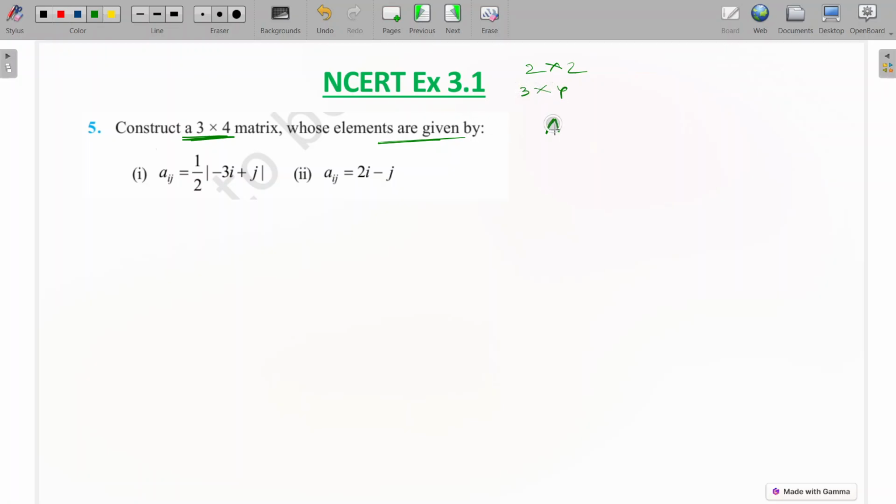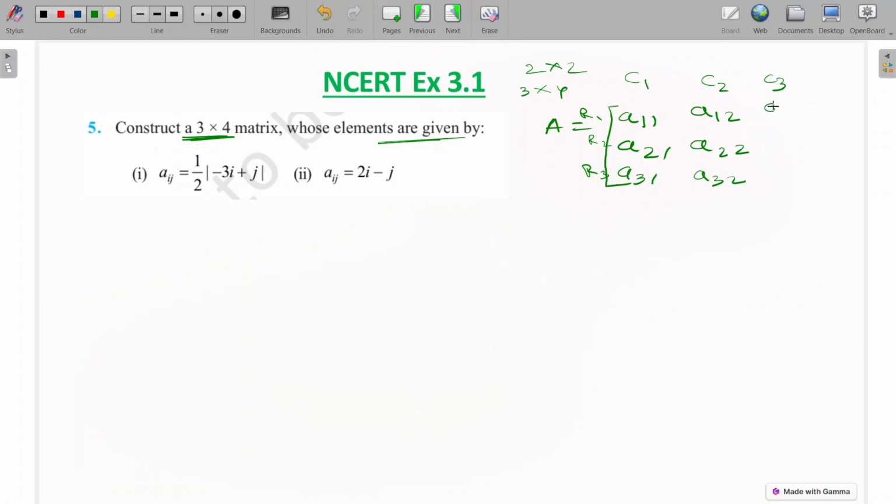As here the number of rows is 3, we have R1, R2, R3. For C1: first row first column, second row first column, third row first column. For C2: first row second column, second row second column, third row second column.